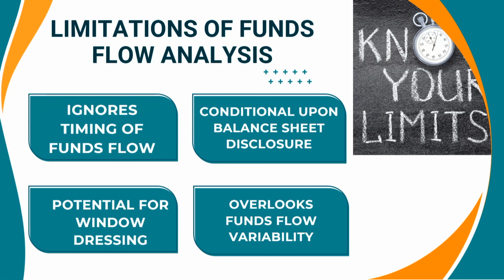Then the third limitation is conditional upon balance sheet disclosures. As I said just before, the companies are resorting to deceptive disclosures, and to a certain extent they are also practicing selective disclosures.